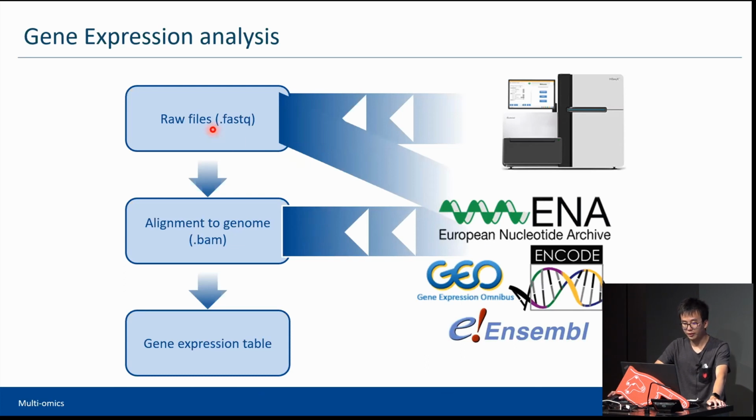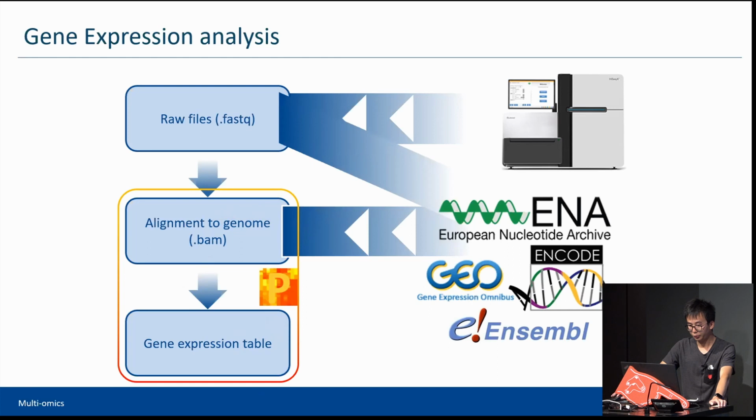At the moment, we cannot do this part from our software, but we managed to add support to start with a .bam file and to create a gene expression table with Perseus.